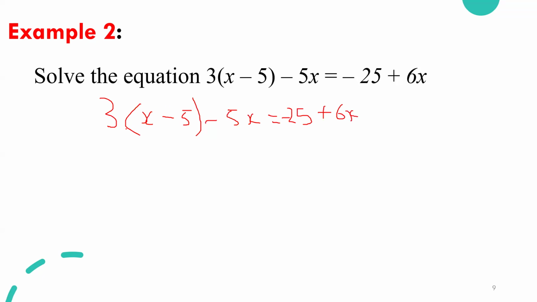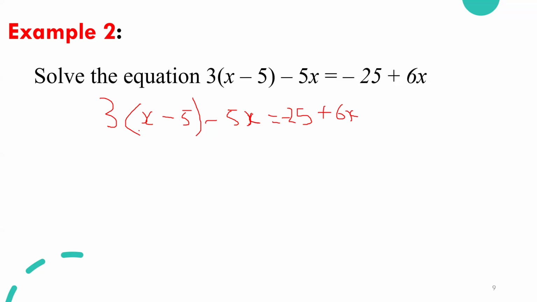So again, once you have a parentheses, based on order of operations, we start with the parentheses first. But if you look inside the parentheses, we cannot take away 5 from x because they're unlike terms.